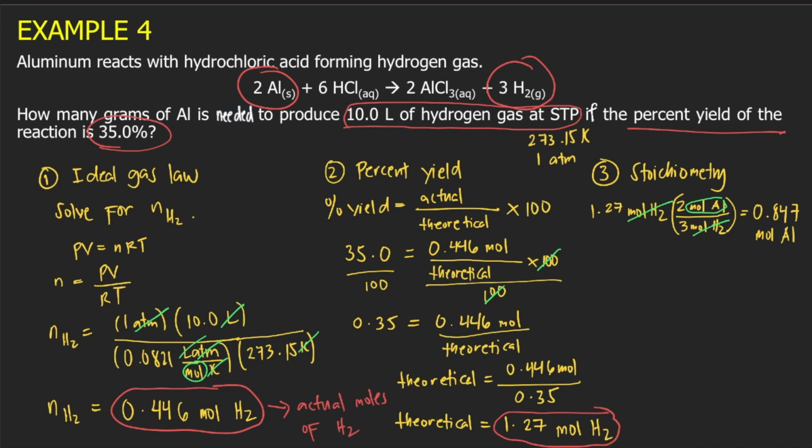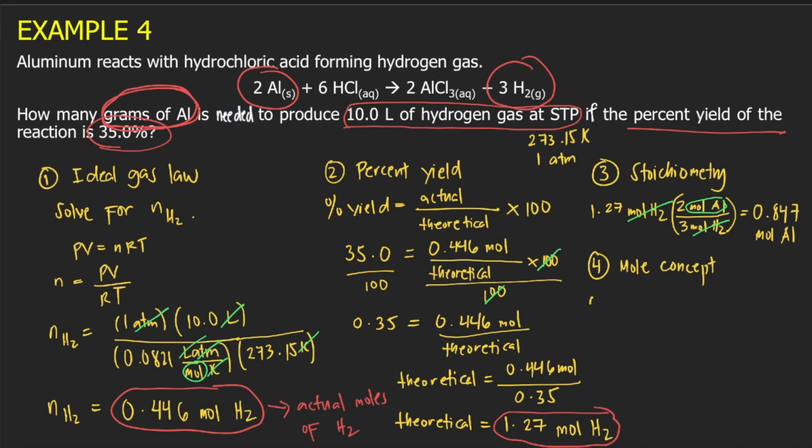Now that we have the moles of aluminum, the question is asking for grams of aluminum. So how do we convert moles to grams? We will use the molar mass of aluminum. So there's actually an additional and final step, which is your mole concept.